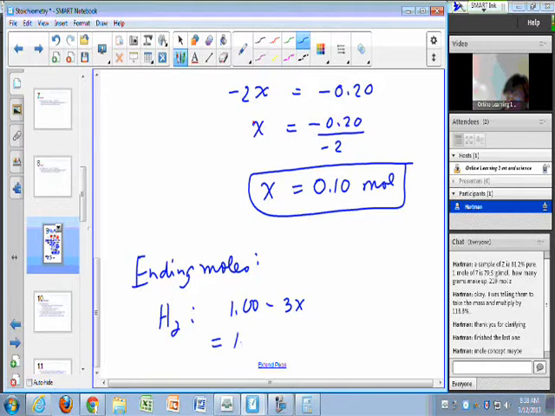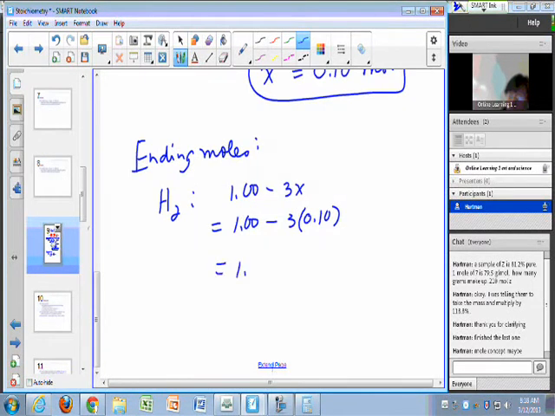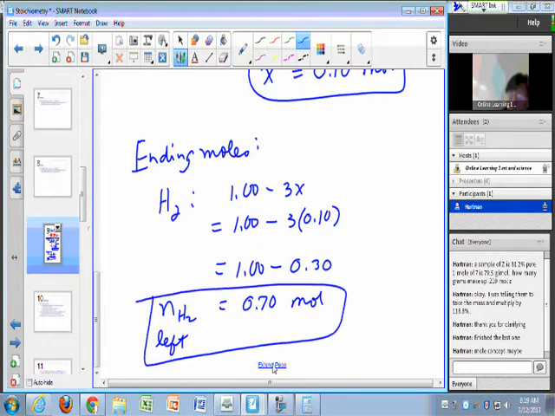So that's 1.00 minus 3 times 0.10. So that's 1.00 minus 0.30, or 0.70 moles. So moles of H2 left is 0.70 moles.